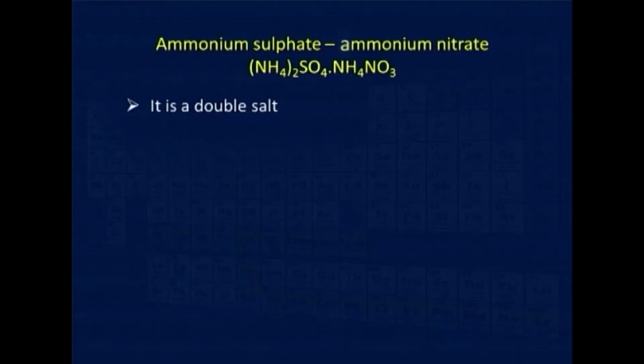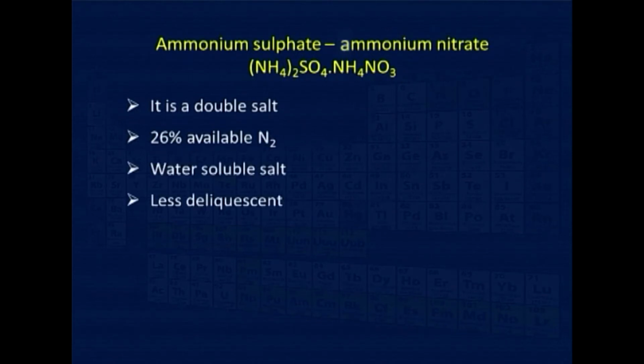Next fertilizer, which is ammonium sulphate nitrate. We have just seen that there are some disadvantages of ammonium sulphate, and there are some disadvantages of ammonium nitrate. One of the main disadvantages of ammonium nitrate is its explosive nature and deliquescency. So, why not use ammonium sulphate itself as an additive and use this double salt as a better fertilizer? This double salt gives about 26% of available nitrogen.